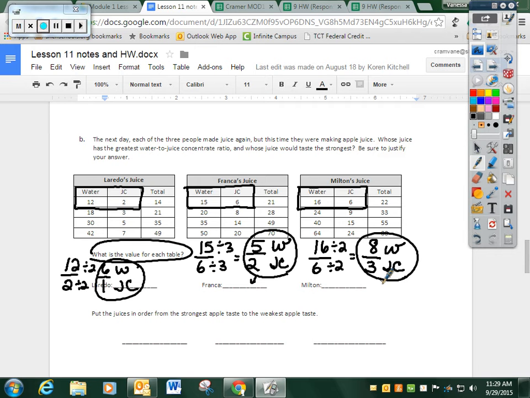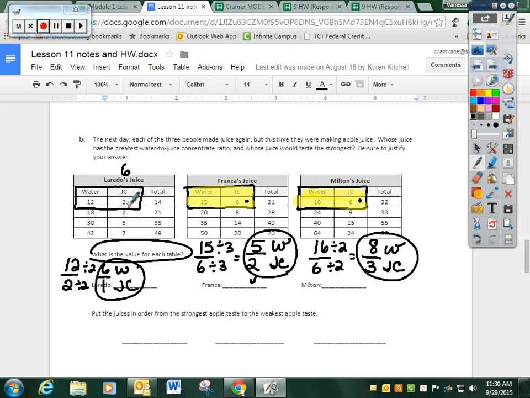So what I'm going to do is go through my table and not look at their values anymore or their simplest form, because that didn't help me. Now I want to look and see things they have in common. Now Milton's water to juice concentrate is 16 to 6. Franca's water to juice concentrate is 15 to 6. So I see they both have this common 6 right here. So in my mind, I think, okay, what if I scale this one up to have a juice concentrate of 6?